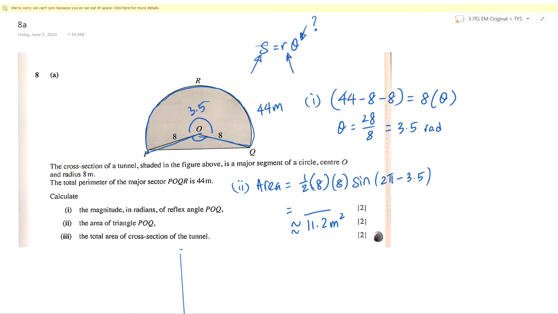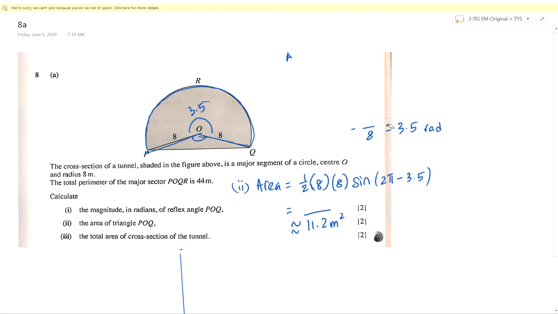Finally, the cross-sectional area of the tunnel is made up of 2 parts. First, we have the area of the triangle, which we already found, and we also require the area of the sector. Area of sector is given by half r squared theta. r in this case is 8, and theta we found out was 3.5.